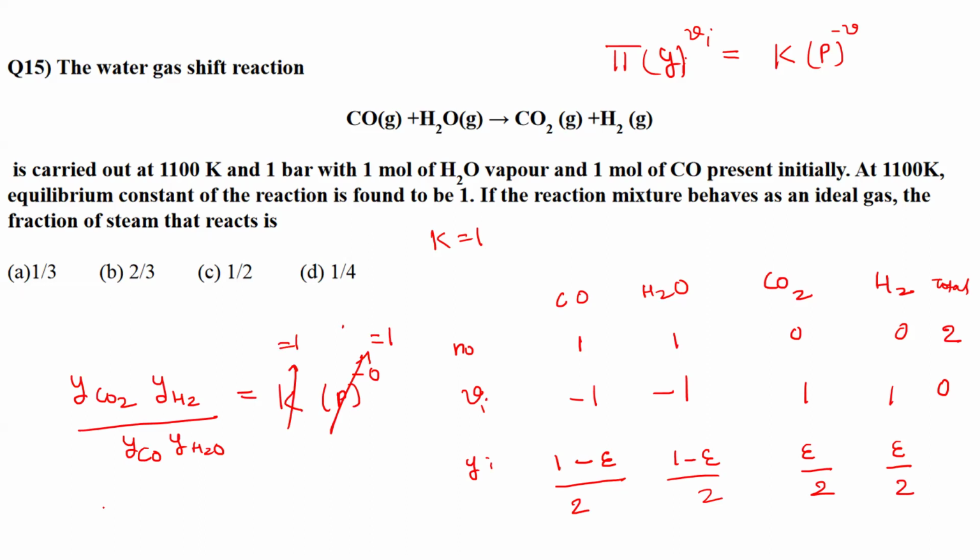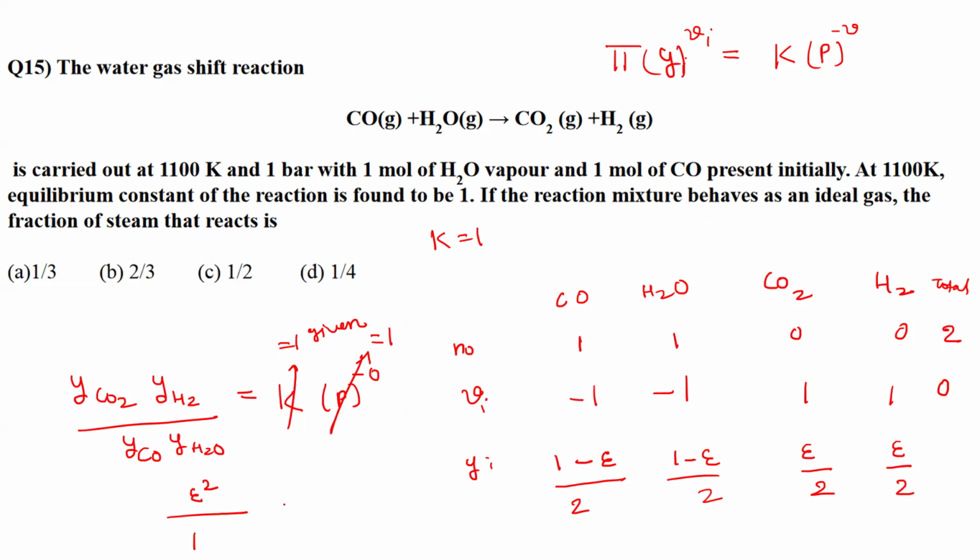Therefore, we have to find the epsilon here. Then this we can write as epsilon square by 1 minus epsilon whole square equals 1.